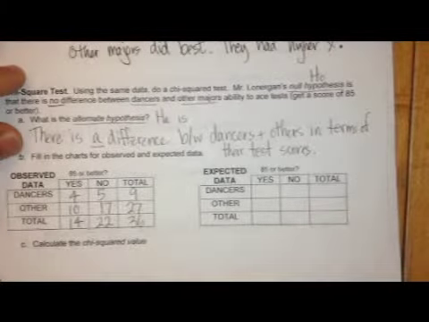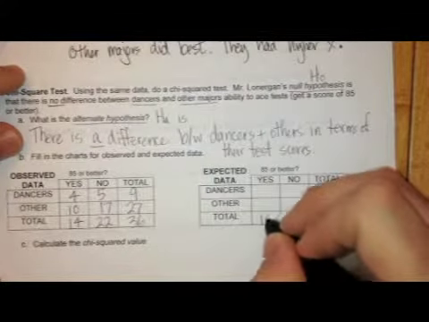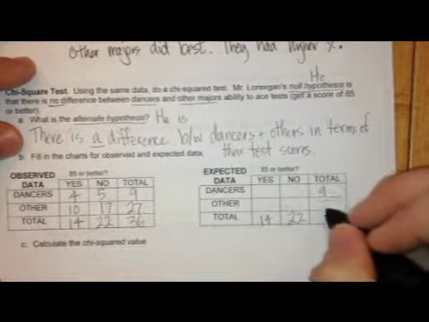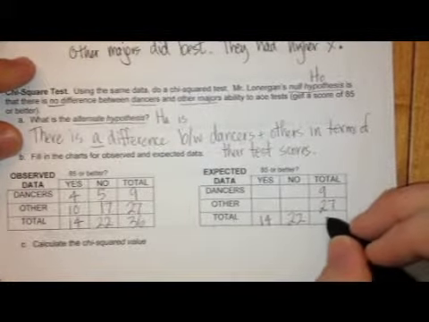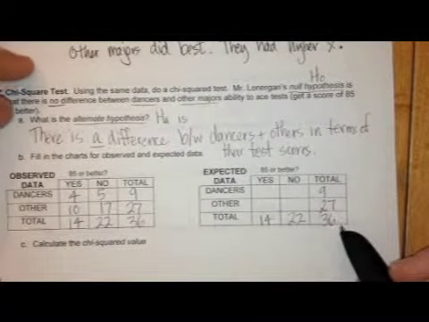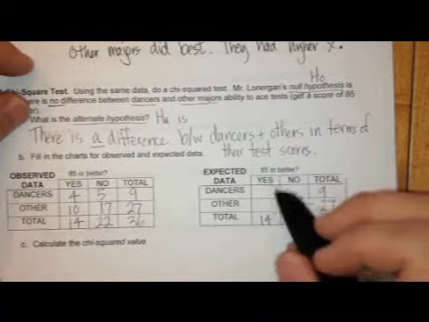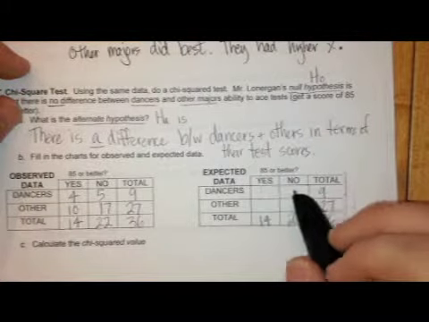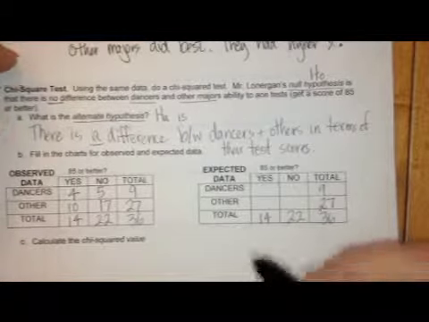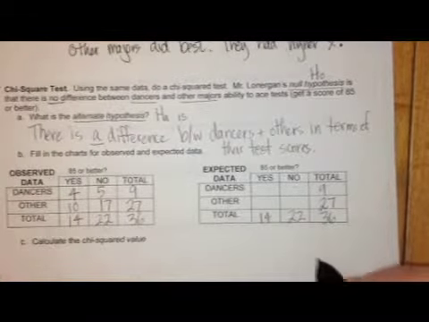Expected data. Have you forgotten it? First, we fill in the totals. 14, 22, 9, 27, and 36. And we're going to use these numbers to solve for the proportion that we would expect would be in each category, if everything was fair. One way to do this is to think about this shortcut.